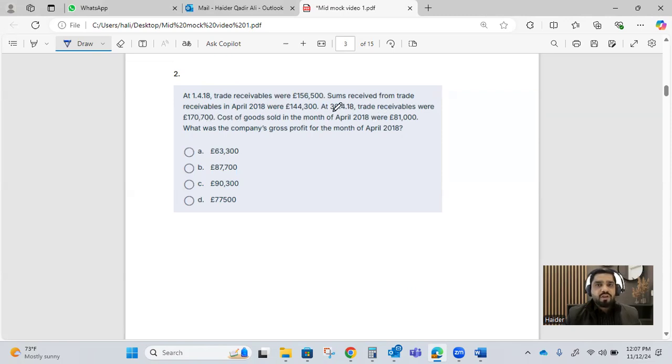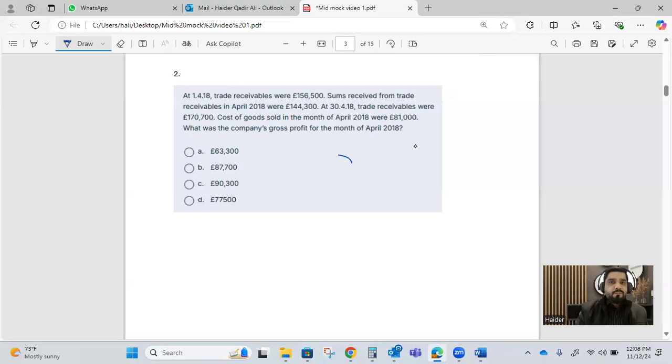That's basically the closing balance of trade receivable. This is the opening balance of receivable, this is the closing balance of receivable. And you know the meaning of closing and opening balance? The normal balance of receivable is a debit balance, so we will bring down the debit balance by making T accounts. Cost of sales is given to you. They are asking you the value of gross profit.